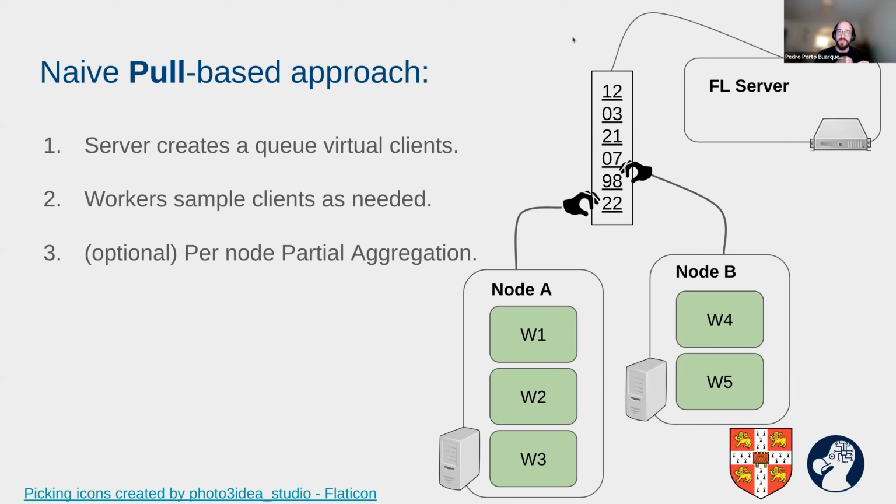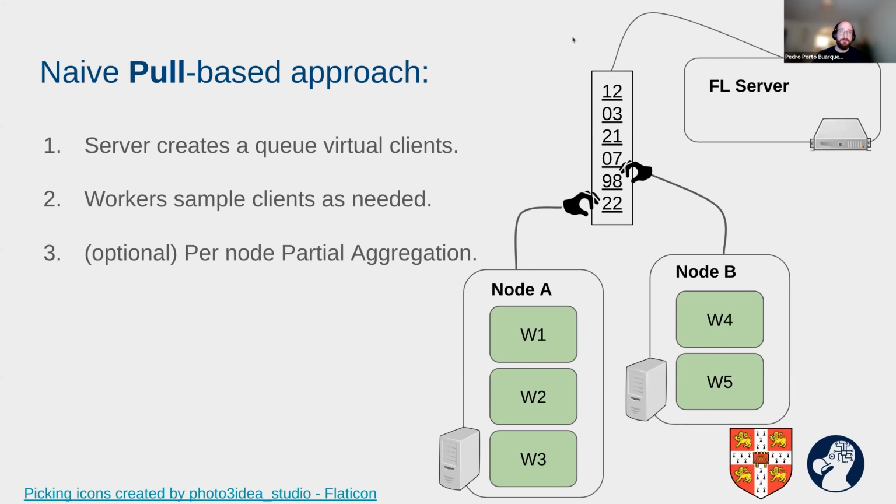And once it's done, it will sample another client from this queue, one at a time. As soon as it's done, it will sample another one and train again. This kind of sounds efficient, but unfortunately it's actually not.